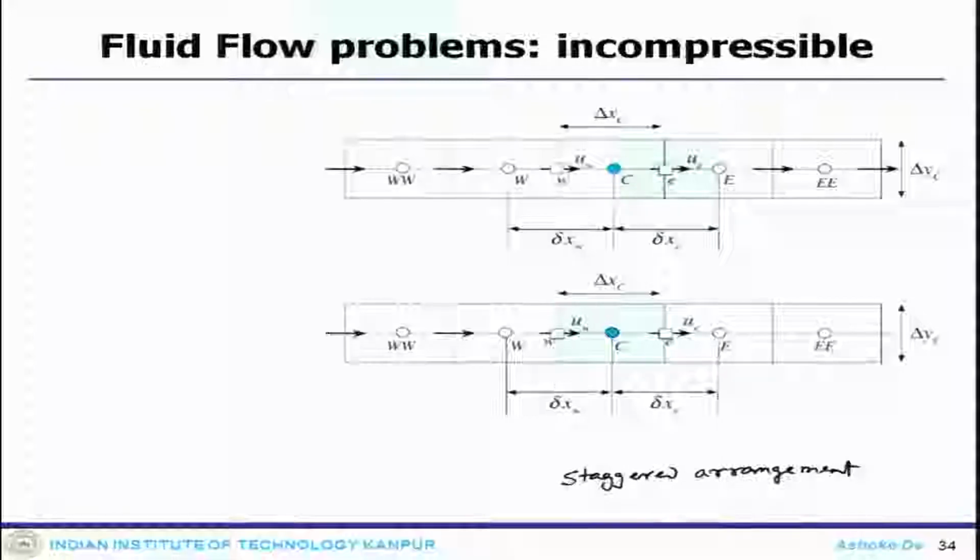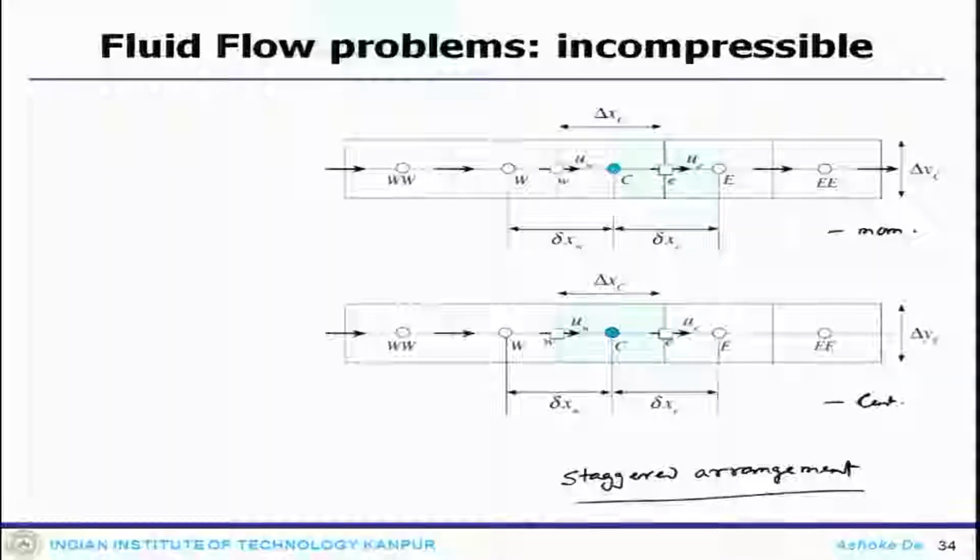Here, the top picture is shown for momentum and this is for continuity. As you can see, the velocities are typically stored at the face values.